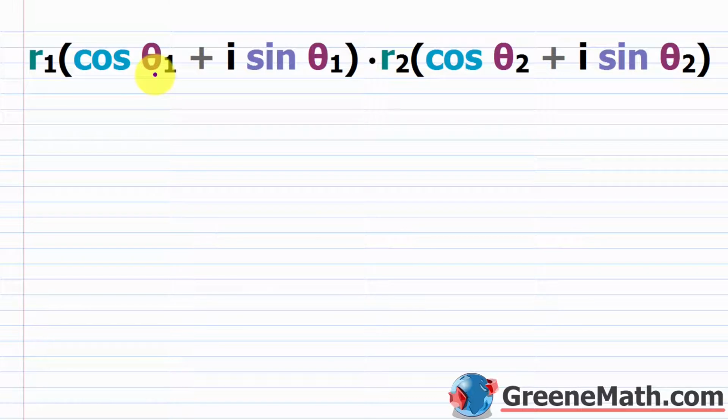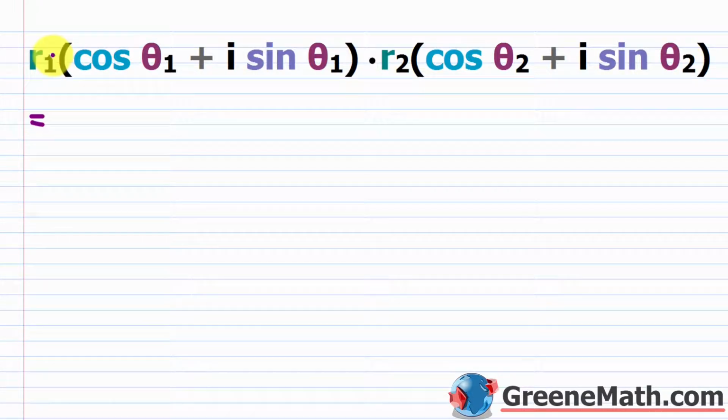So here we have r sub 1 times the quantity cosine of theta sub 1 plus i times sine of theta sub 1. Then times we have this other complex number, r sub 2 multiplied by the quantity cosine of theta sub 2 plus i times the sine of theta sub 2. All I need to do to derive my little product theorem is just use some FOIL.